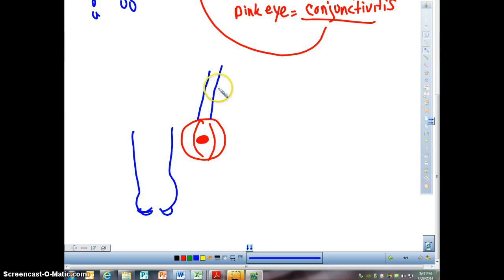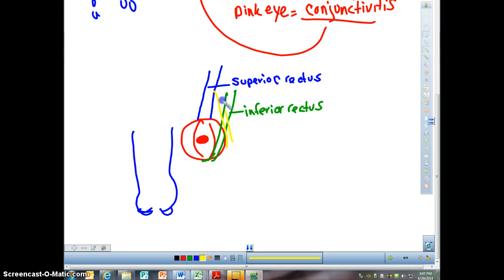You have the top muscle, which is your superior rectus. I'm going to draw it back like this, kind of 3D. This is your inferior rectus, which is on the bottom. Then on the side, your lateral rectus. And then on the inside, your medial rectus.